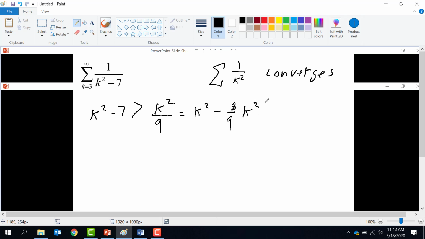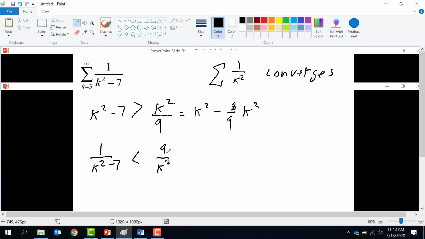And because this is just getting bigger for 4, 5, 6, 7, and so on, you will be taking away more than if you take away 7. So different ways of looking at that, but it's true that k squared minus 7 is bigger than k squared divided by 9. And so now if I flip this, then 1 over k squared minus 7 is less than 9 divided by k squared.